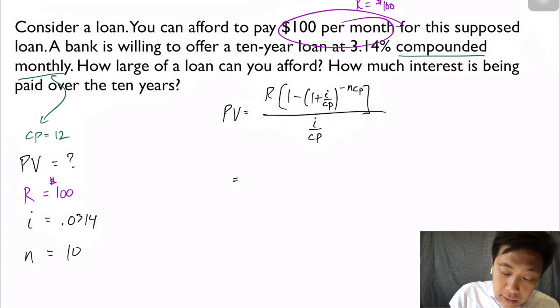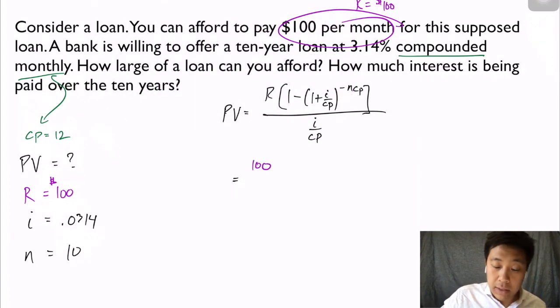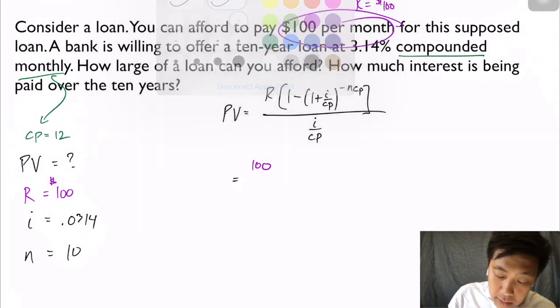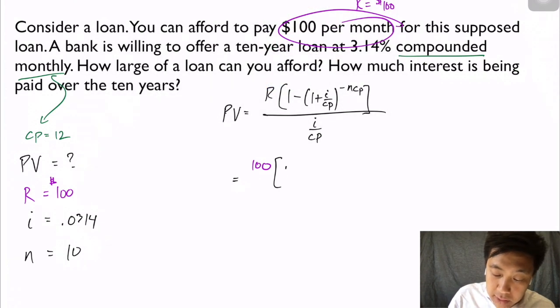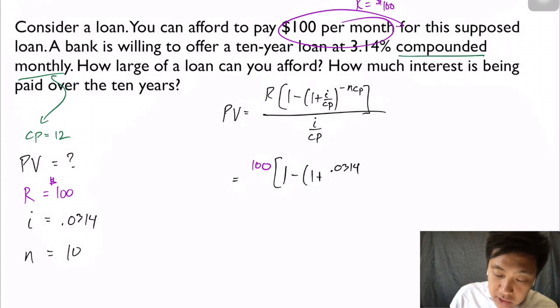Punching in these numbers, we get 100, and then you get 1 minus 1 plus 0.0314. Here comes the compounding period, divide by 12.